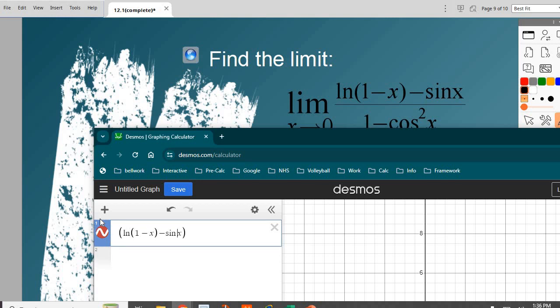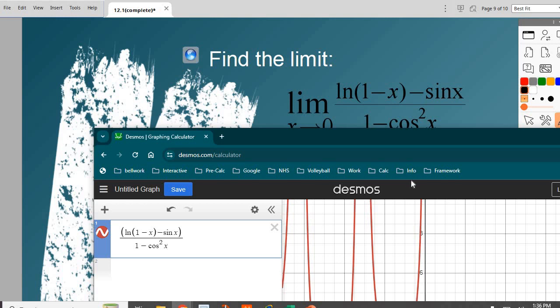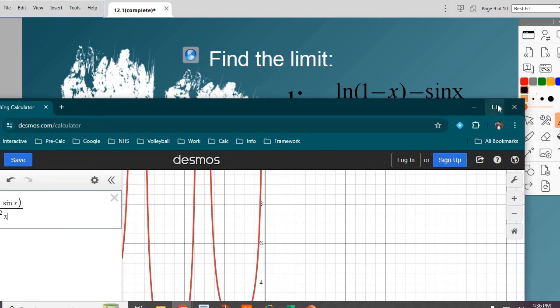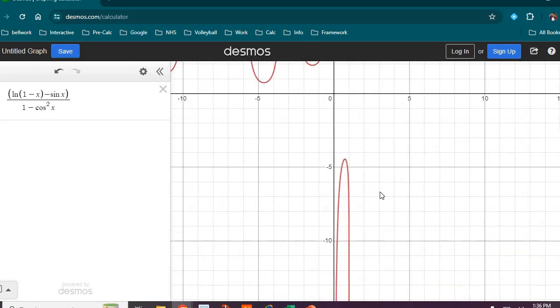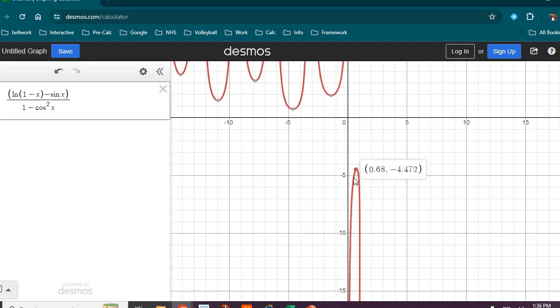It's a little much. 1 minus squared of x. Alright, so looking at this from the left-hand side, what is happening to our values? They're getting bigger and bigger and bigger. So from the left-hand side, it would be approaching positive infinity. Then from the right-hand side, what's happening? It's going down.